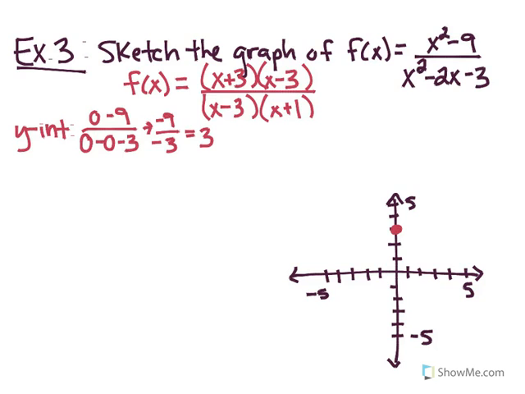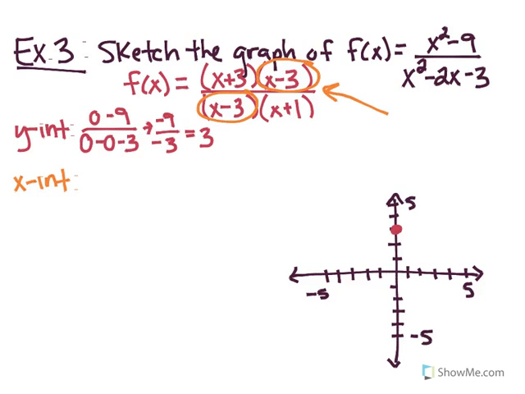And I'm going to then go ahead and do my x-intercept. And the x-intercept comes from the numerator of our factored form. So if you'll look right up here, please understand that x minus 3 is repeated in the numerator and denominator, and something special will happen with that. Any of the parts that are repeated in the numerator and denominator we ignore when finding our y and x intercepts.